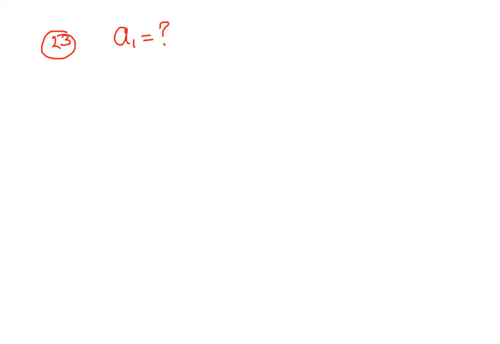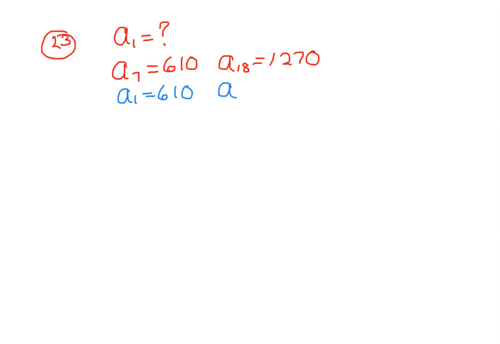What do we know? We know A7 equals 610 and A18 equals 1,270. So there's a lot of ways that you can do this, but what I'm going to do is just call this my A1 and this A12.